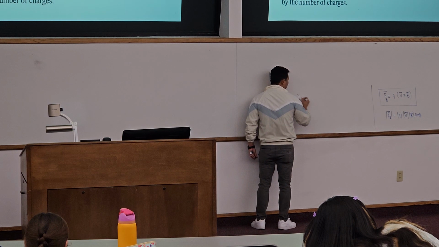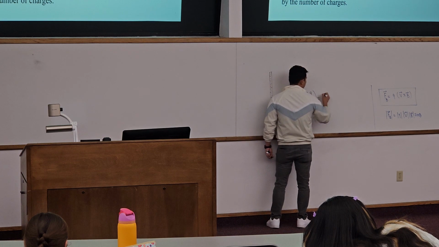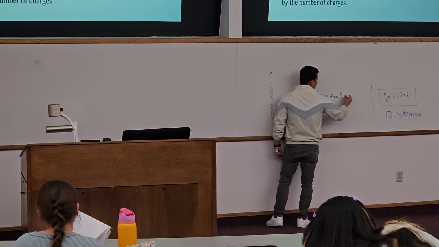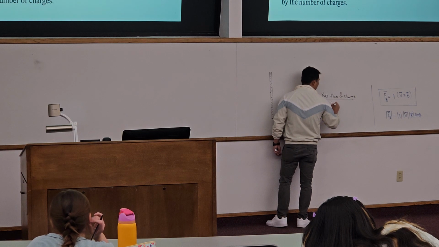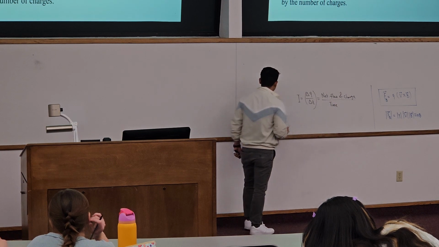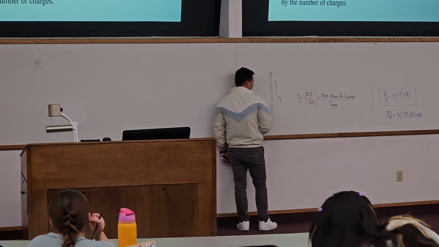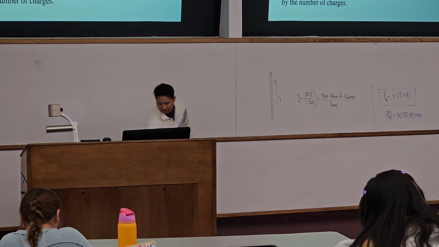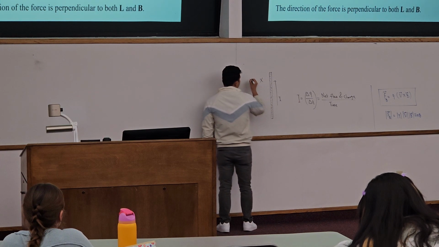If you remember, current means delta Q divided by delta T. You have net flow of charged particles divided by time. It's the definition of current. Let's assume that the current is going in this direction, I. And you have a magnetic field like this. I'll tell you what that means.